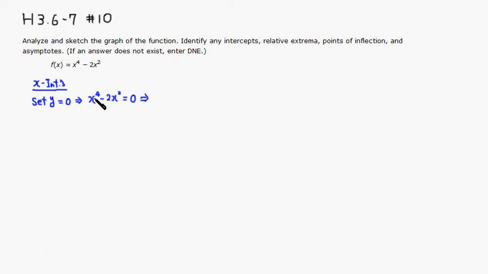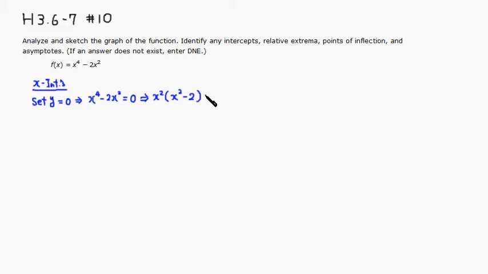Let's see what's in common. X squared is in common. So if you factor x squared from x to the fourth, you get x squared. And x squared from negative 2x squared is negative 2. And actually, we can factor this further. This 2 is square root of 2 squared.